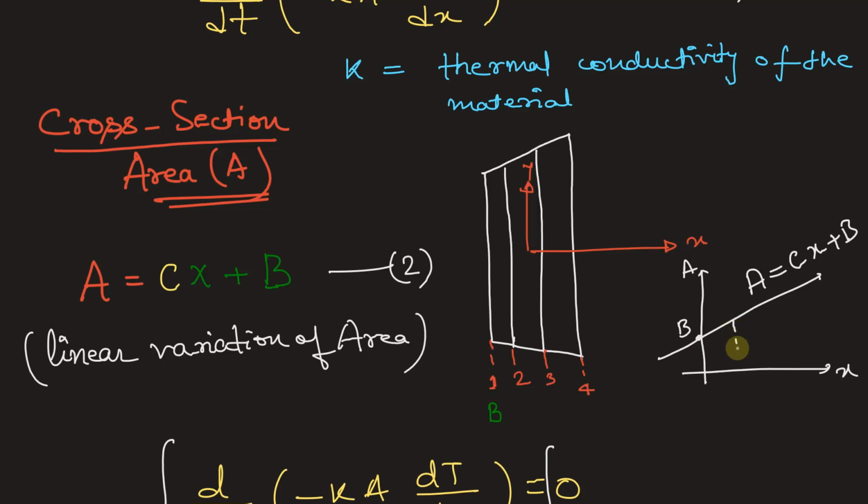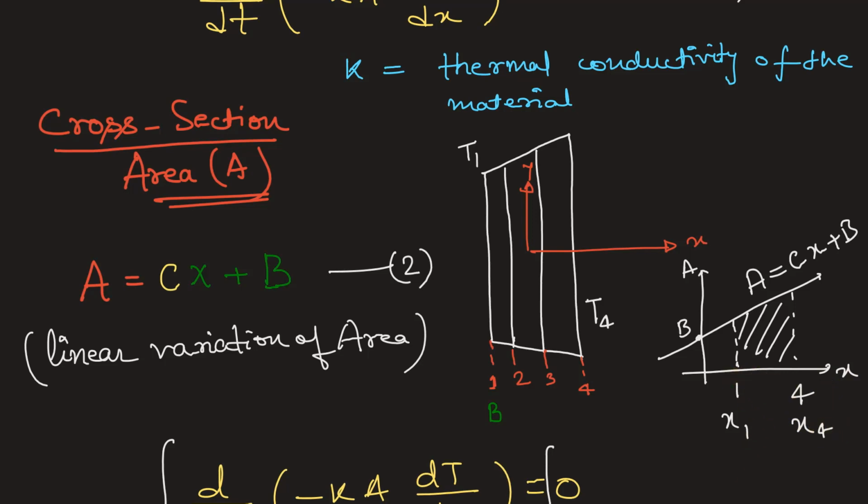Suppose this is section 1 and this is section 4. If we are integrating, the temperature at section 1 will be T1 and at section 4 will be T4, and the position at section 1 can be written as x1 and at section 4 as x4.